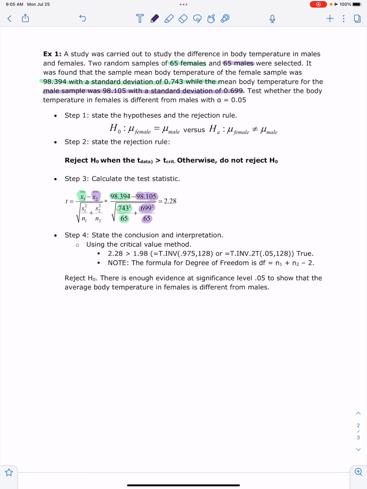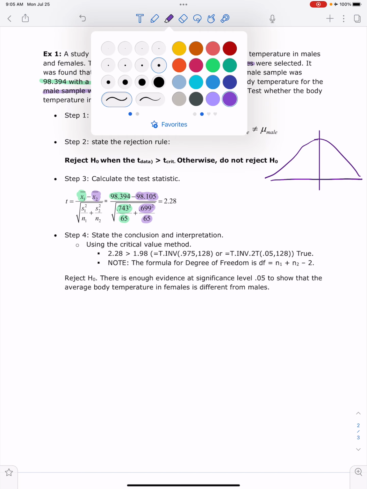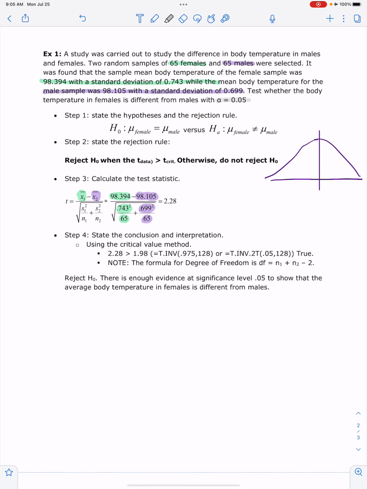Okay, now let's talk about the rejection rule because I need to amend this as well. Here is my normal distribution, and I think when I made my answer key for this originally, I did not consider the different than, and I looked at greater, so ignore that for a minute, and I will fix it. I've got an alpha of 0.05.